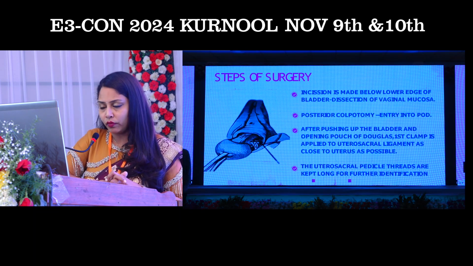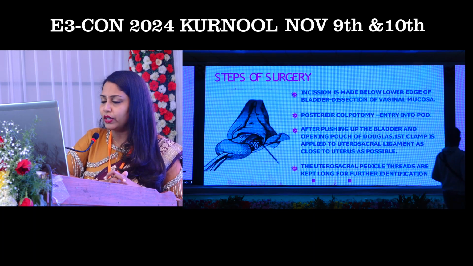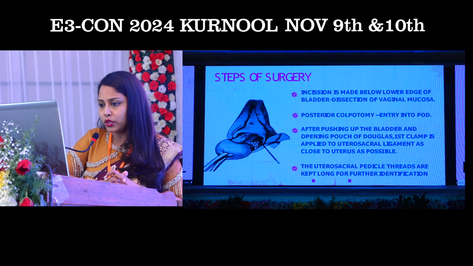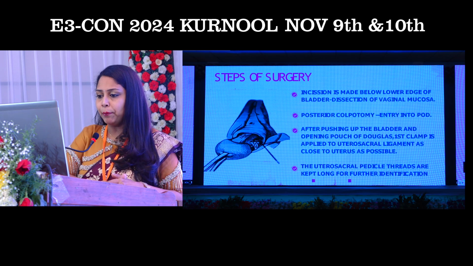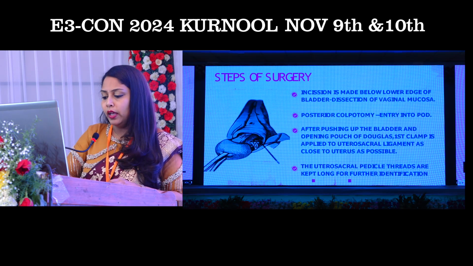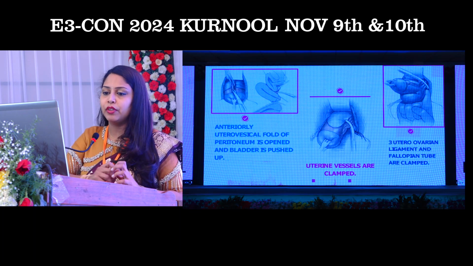What are the steps of the surgery? An incision is made below the lower edge of the bladder, the vaginal mucosa is dissected, and a posterior colpotomy is done, which gives us entry into the pouch of Douglas. After pushing up the bladder and opening the POD, the first clamp is applied to the uterosacral ligament as close to the uterus as possible. The uterosacral pedicle threads are kept long for further identification.